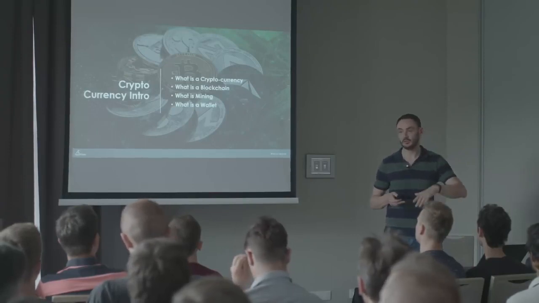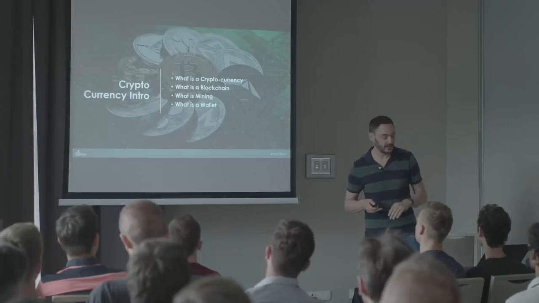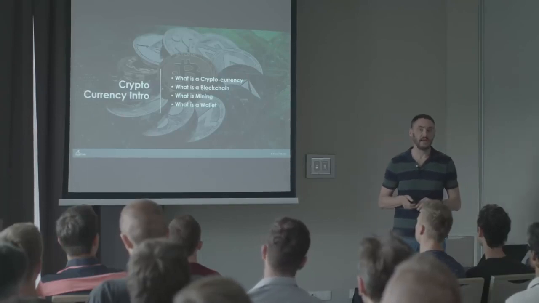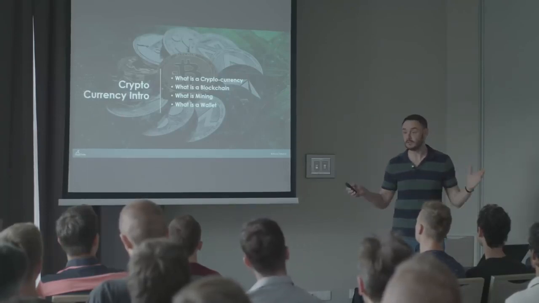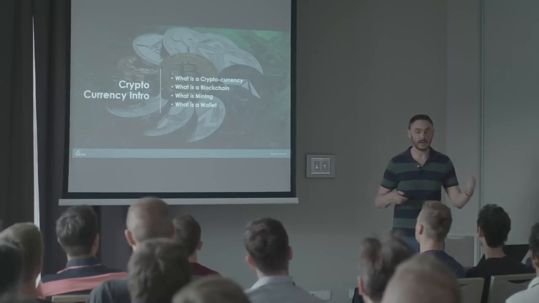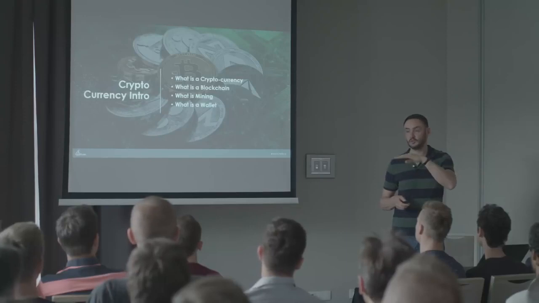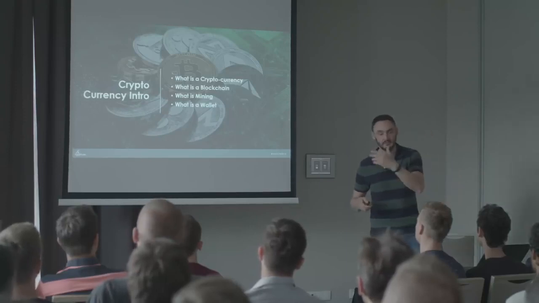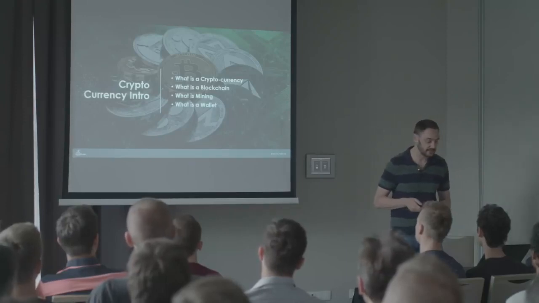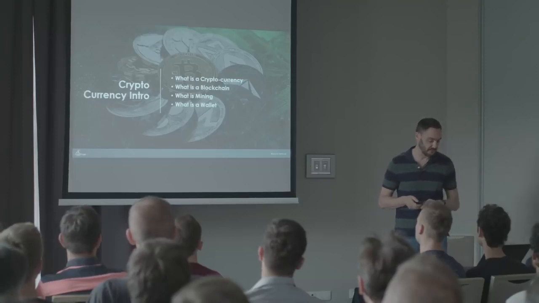Once a transaction makes it into the blockchain, it stays there forever. It's visible to the whole world. Whenever you buy or sell cryptocurrency, that transaction will be visible to everybody. Obviously not with your name or email address or anything like that, but nevertheless it's visible.